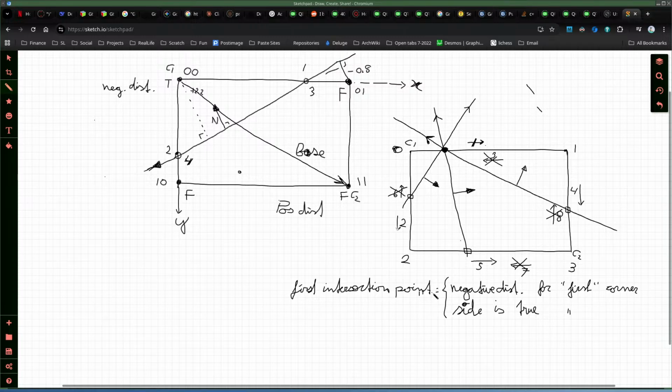Not sure yet, but it looks like it. And I don't think I used anything that now depends on the order of the corners, the corner indexes. So this should work for any orientation and any line then.